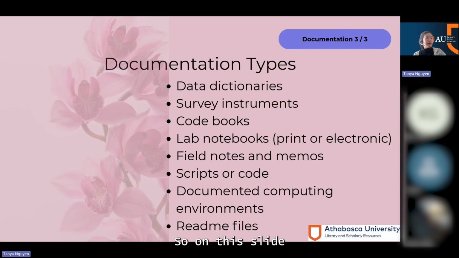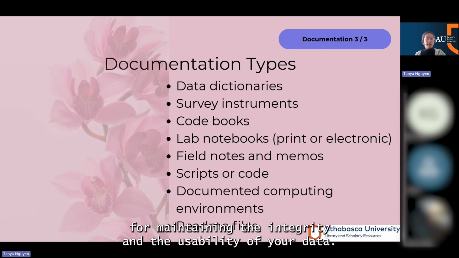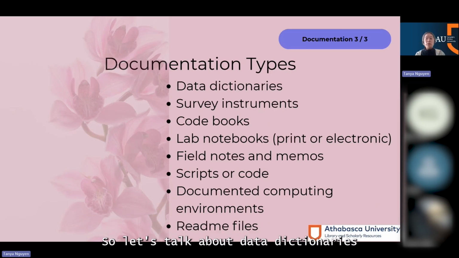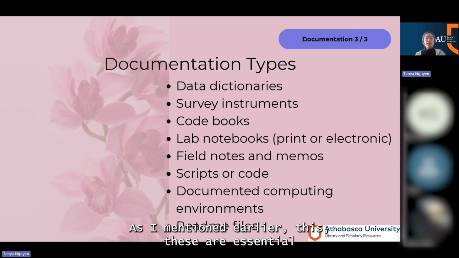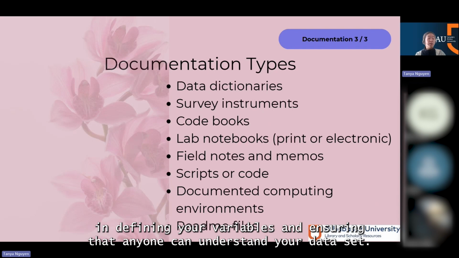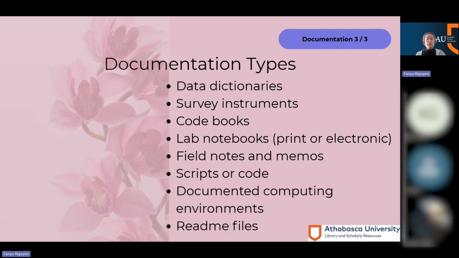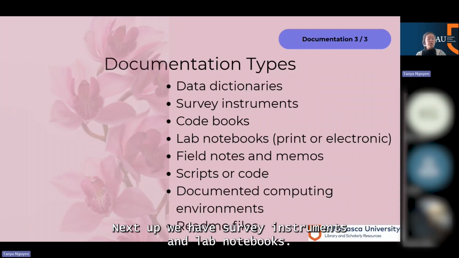On this slide, we're diving into the various types of documentation out there that are crucial for maintaining the integrity and the usability of your data. Let's talk about data dictionaries and code books. As I mentioned earlier, these are essential in defining your variables and ensuring that anyone can understand your data set. Next up, we have survey instruments and lab notebooks.